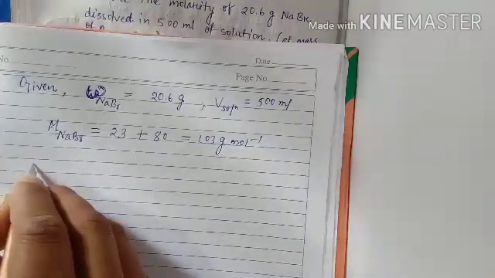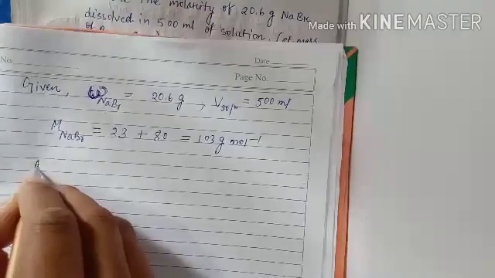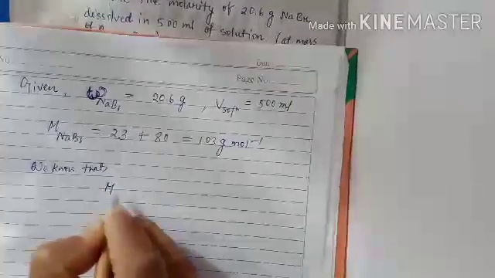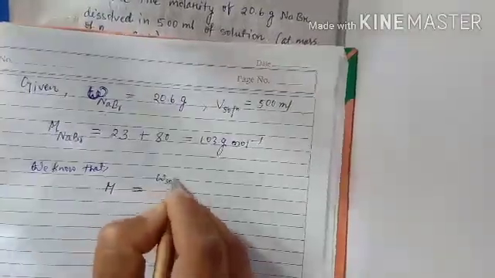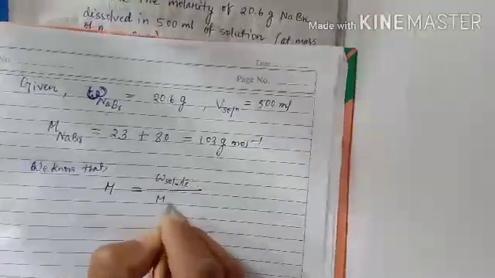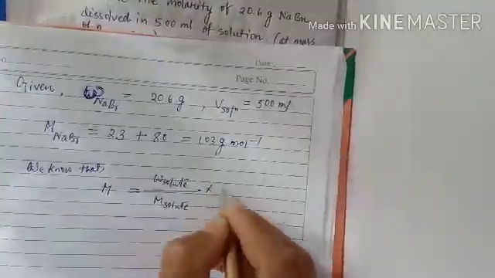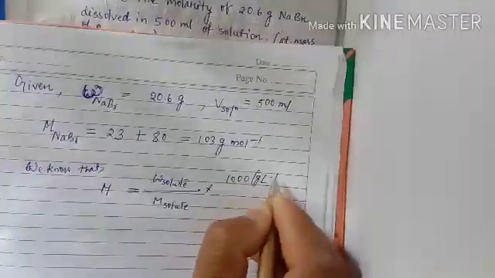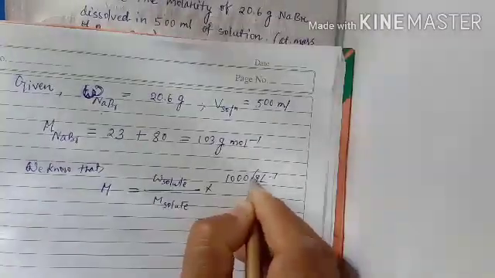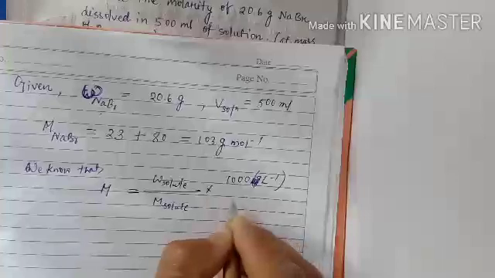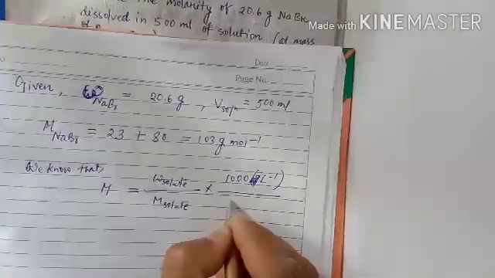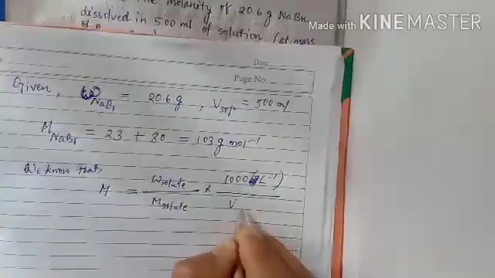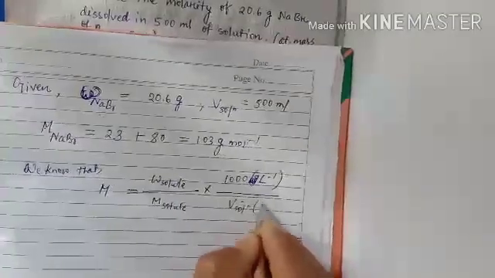According to the formula we know, molarity M will be W solute divided by M solute, as we already deduced, multiplied by 1000 ml per liter, divided by volume of solution in ml.